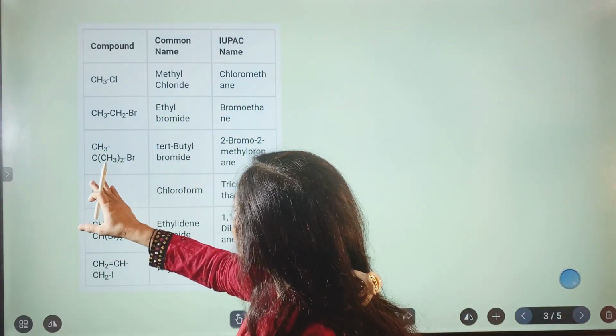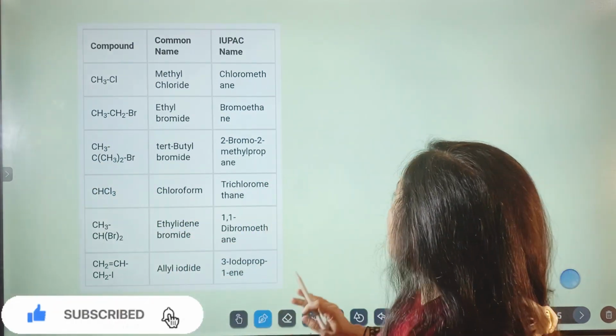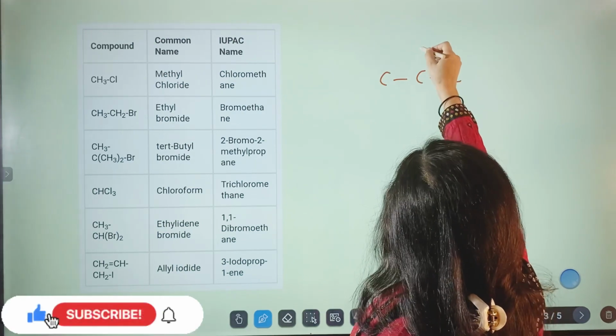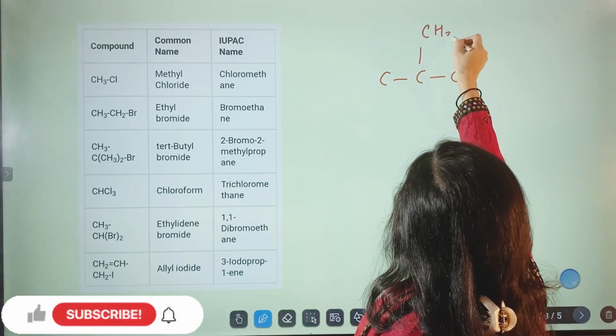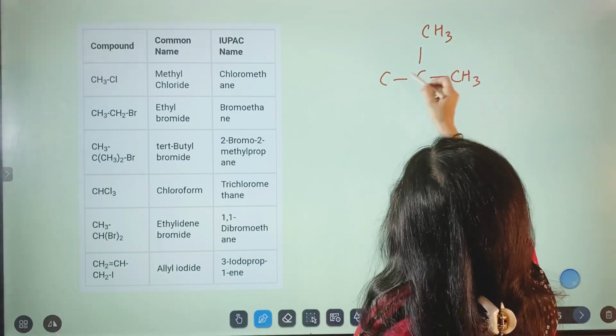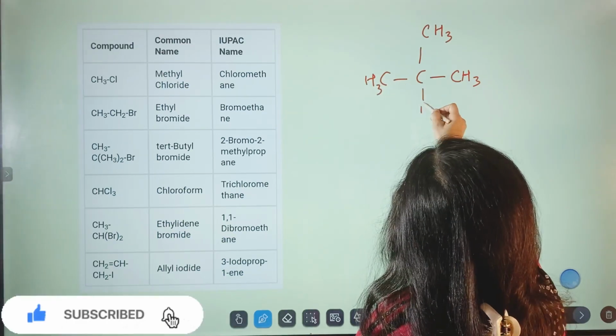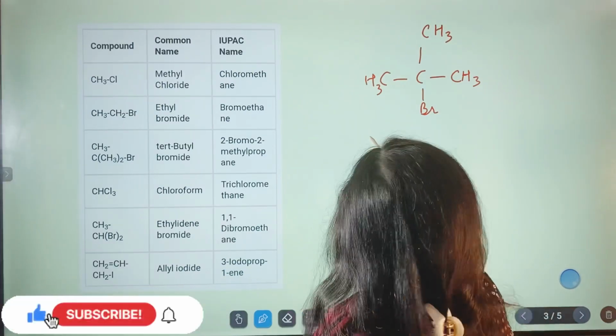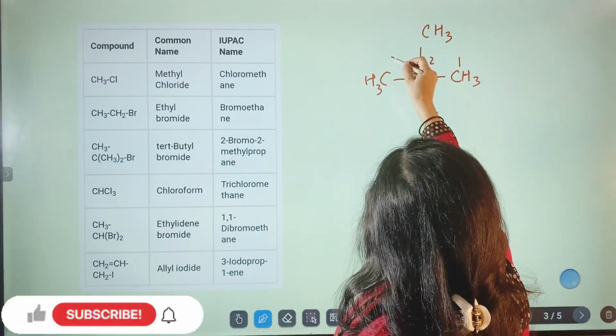Then the next one is tertiary butyl bromide, which you have to write like this. From all sides it is covered by the methyl group, and one is the bromo atom, so we will number it 1, 2, 3.